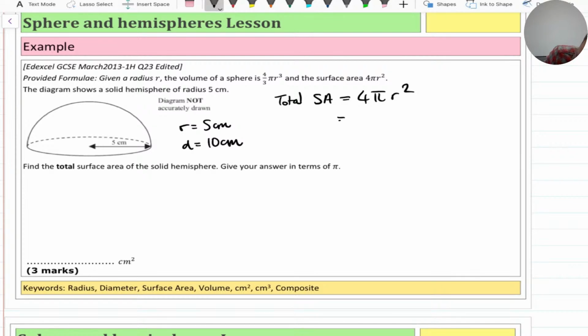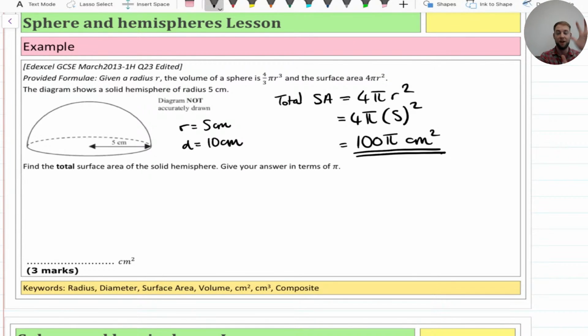So this is equal to 4 times pi times 5 squared. Now 5 times 5 is 25, times 4 is equal to 100 pi centimeters squared. Now this is the total surface area.